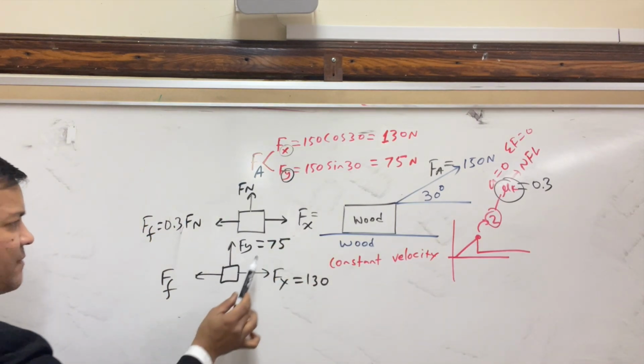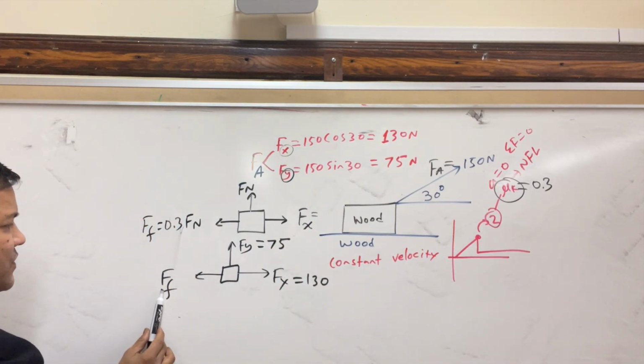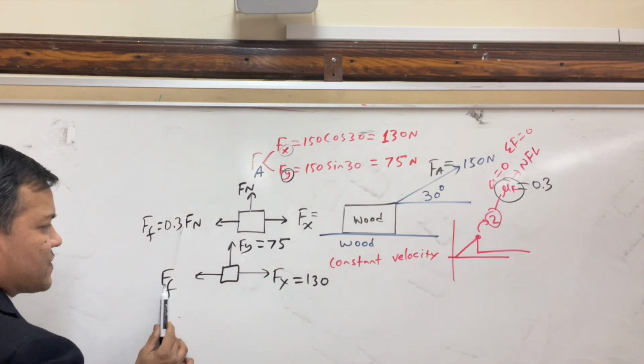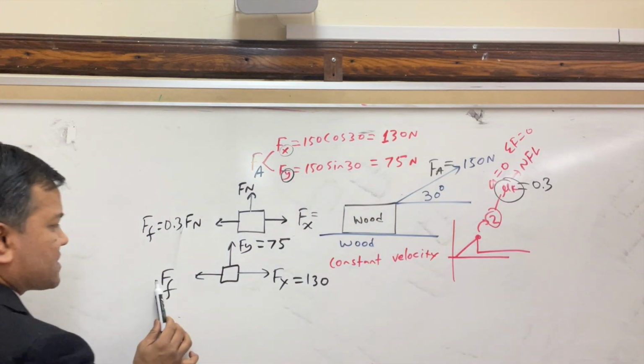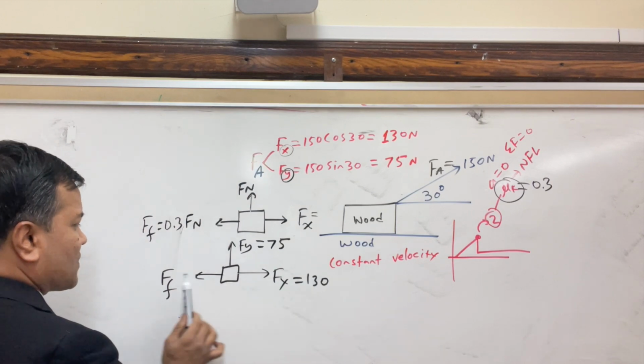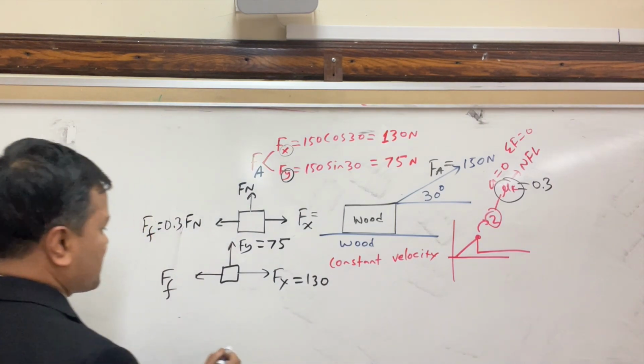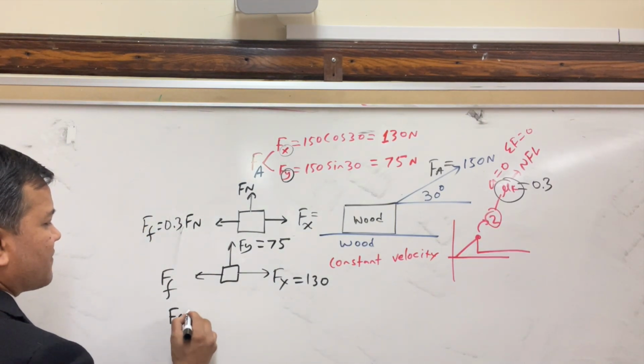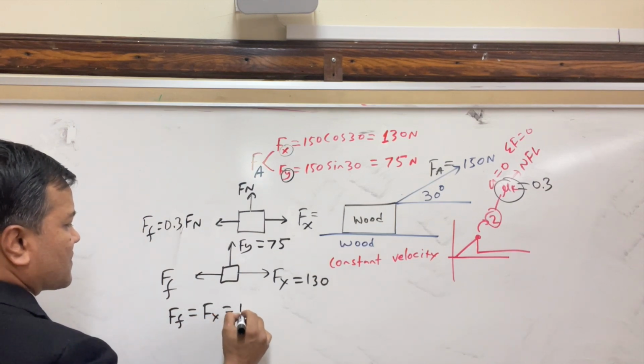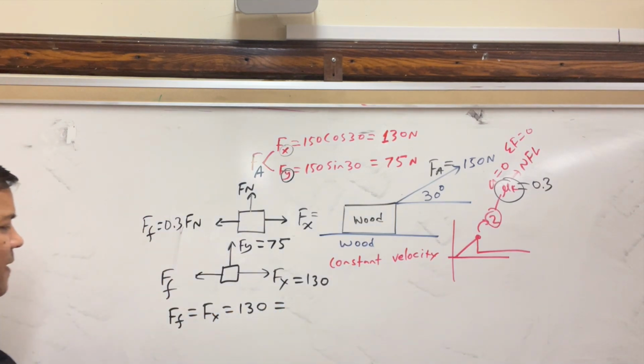So 75 has nothing to do with this because this is constant velocity. This one is equal to this one and this one is equal to this one. So you make a statement: Ff is equal to Fx is equal to 130.